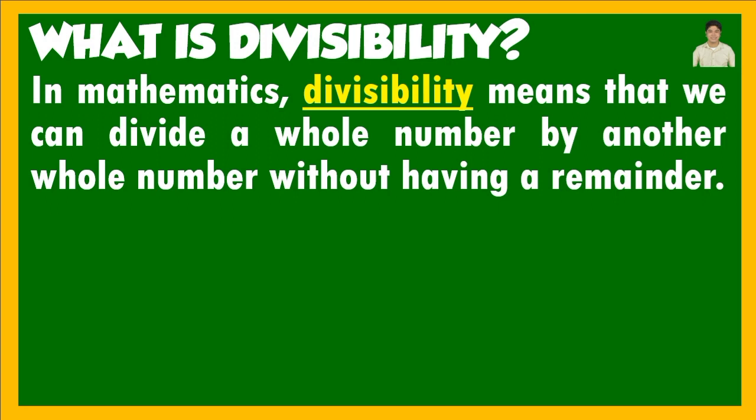So 20, i-divide natin siya sa 2, we'll get 10 pesos. It means bawat bata makakakuha ng equal amount na 10 pesos, and then wala tayong matitira. So kung binigyan mo yung bata ng 10 pesos, and then binigyan mo yung pangalawang bata ng another 10 pesos, equal amount sila. And then add natin yon, we'll get 20. So I hope it's clear.